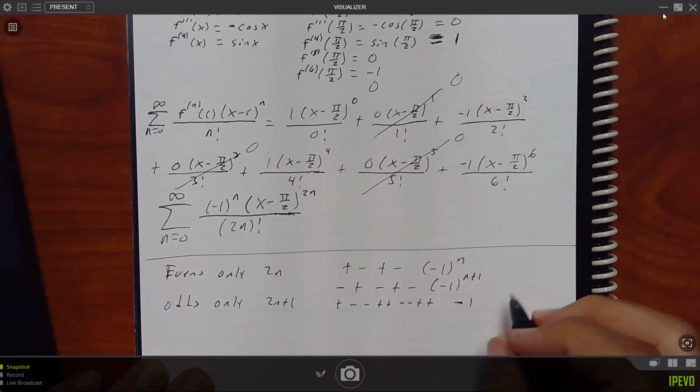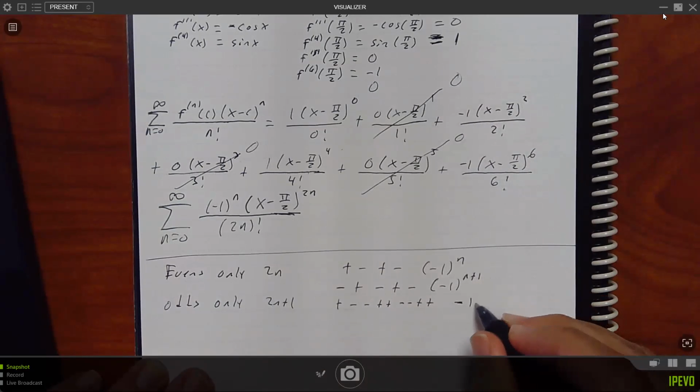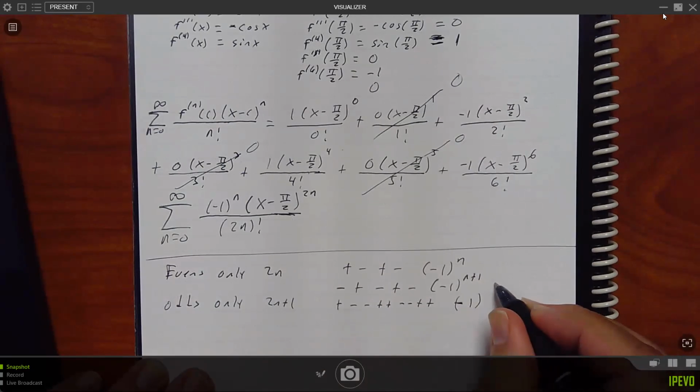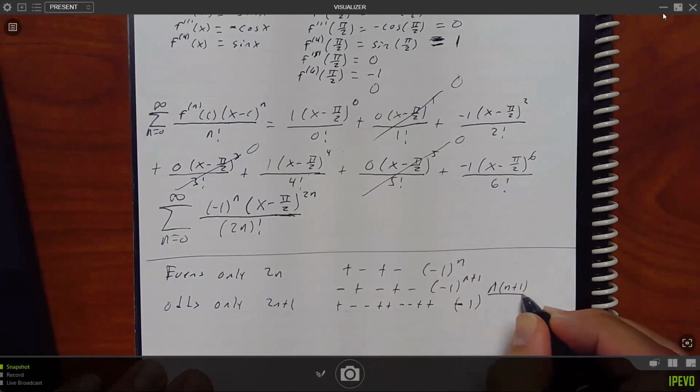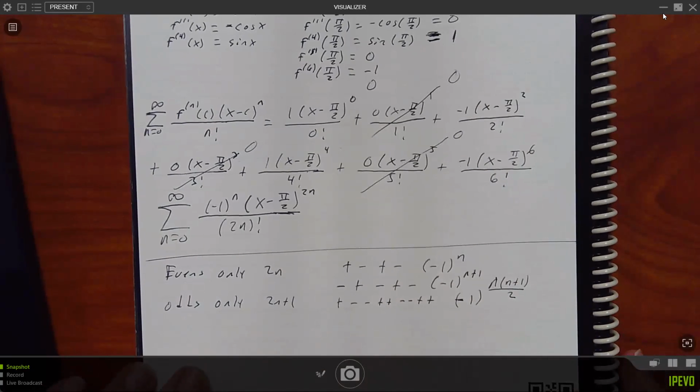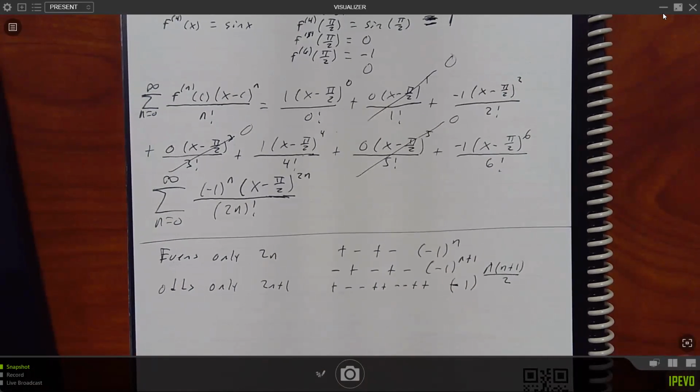So we would have to have used this guy, -1 to the n times n plus 1 over 2 power. So that's a little tricky to see in your head.